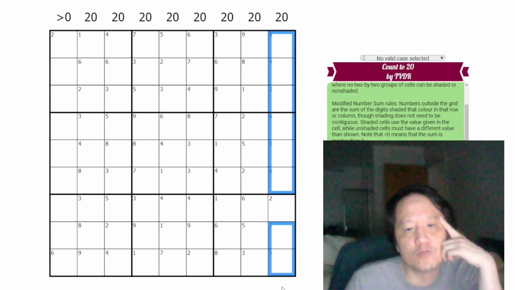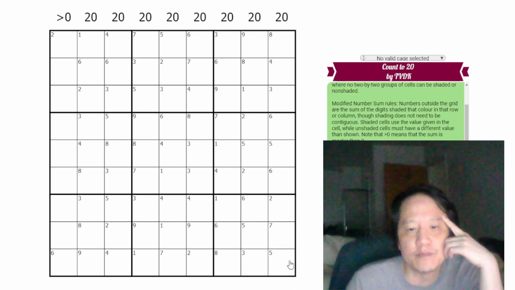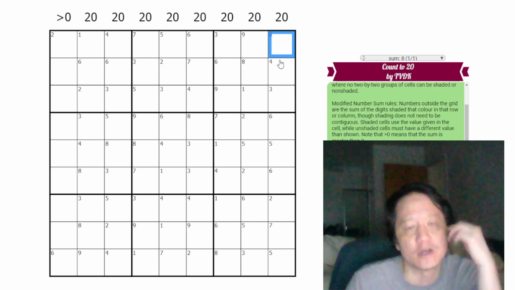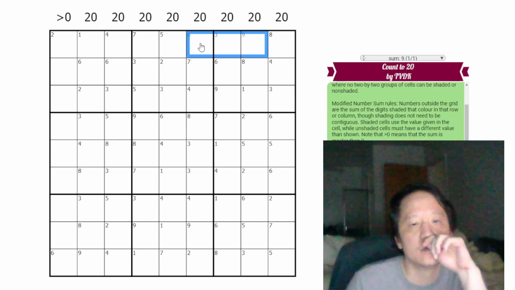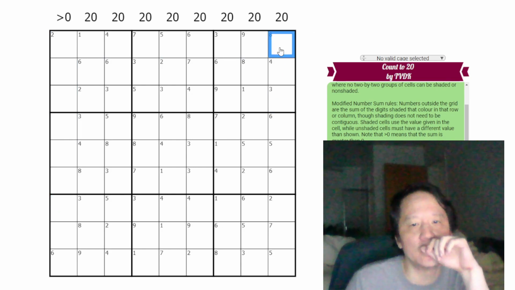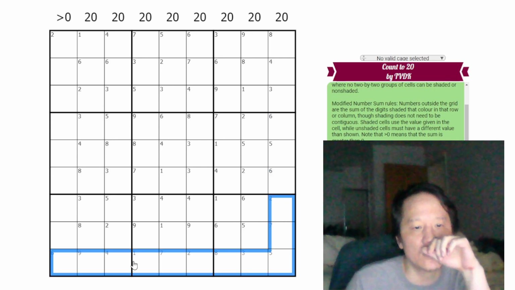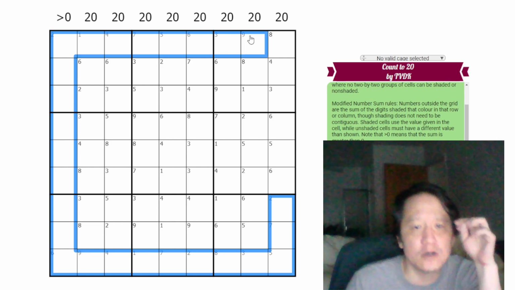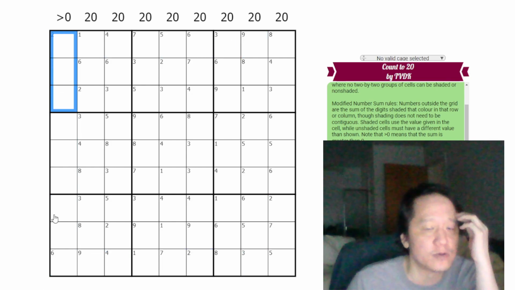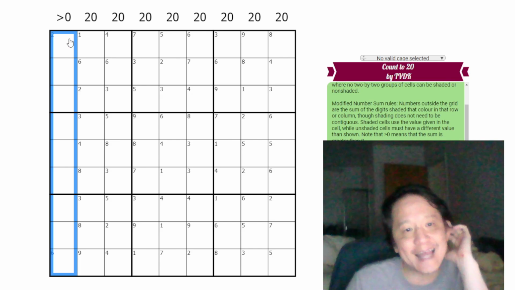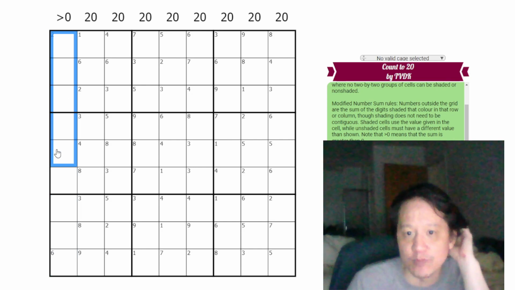So the outer ones have to add up. Say this was unshaded, shaded, unshaded. That means all of these are unshaded. But we know that this is greater than 0, so this has to have a shading in it somewhere.